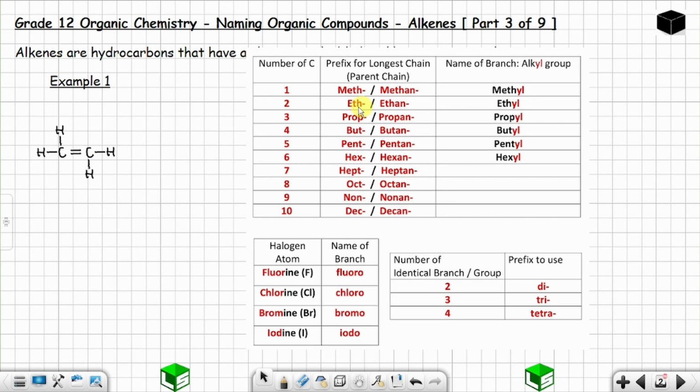This is your parent chain and you don't have any branch. So when you have two carbon atoms in the parent chain, the prefix to use will be eth, and you are going to use the suffix ene. So this organic compound will be called ethene.